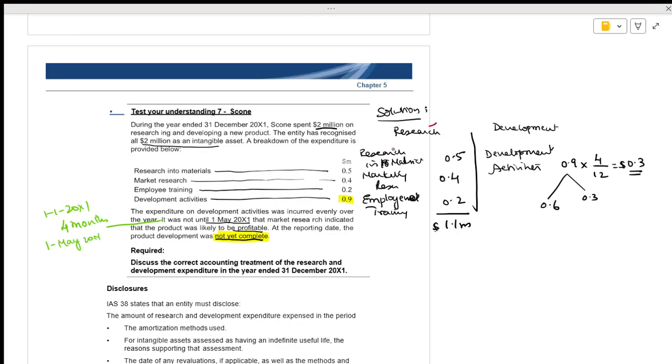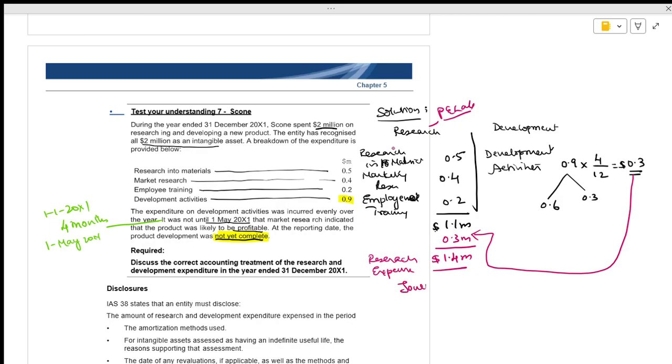Research goes to the profit and loss account. This 0.3 has to be added here. It comes to 1.4 million, which has to be expensed. These are the research expenses. What journal entry do we write?